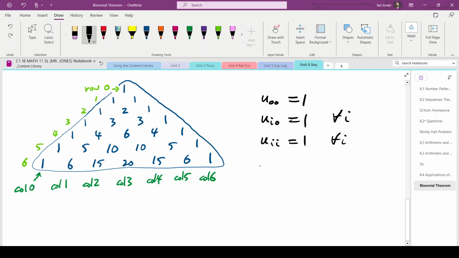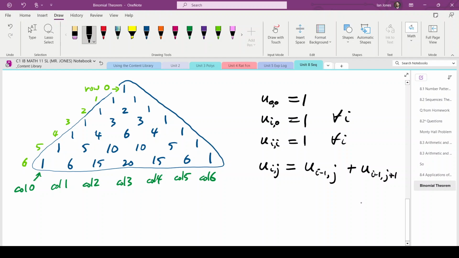And then I say U(i,j), where i is the row and j is the column, is equal to U(i-1, j) plus U(i-1, j+1). What does this say?